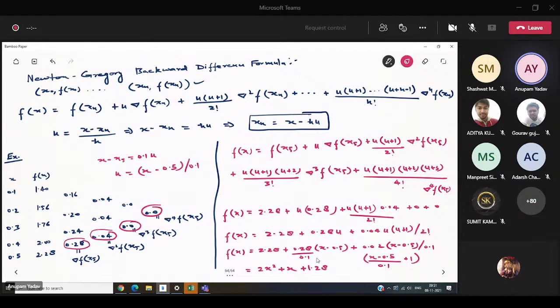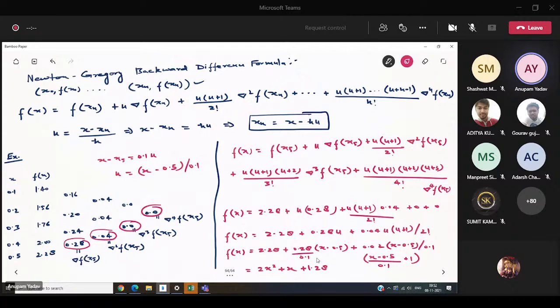On the other hand, if it is asked to find the value of f near x equals 0.15, it is in the upper part of the data, so in that case we can use the Newton forward difference method.